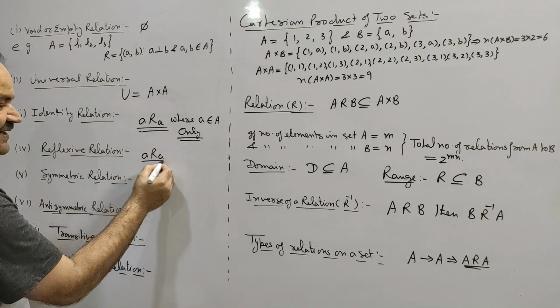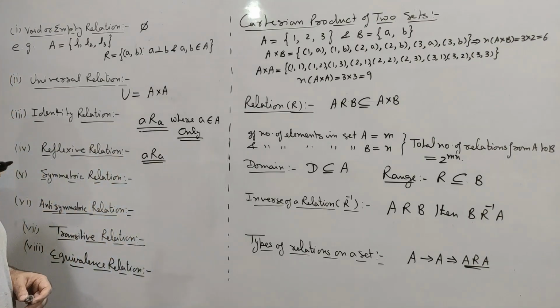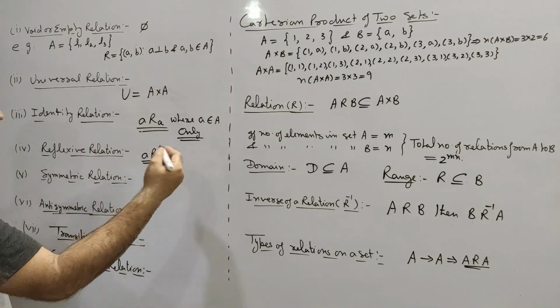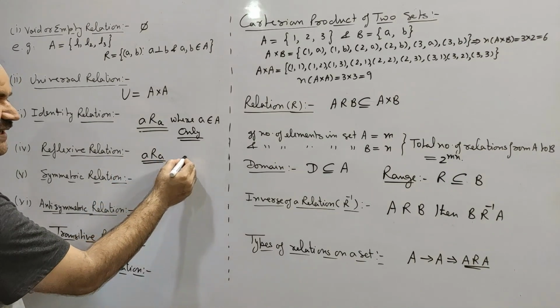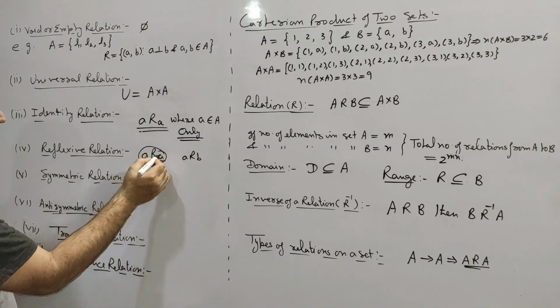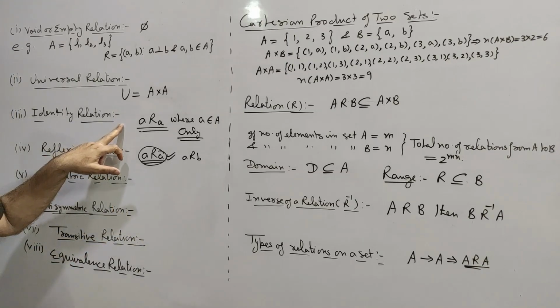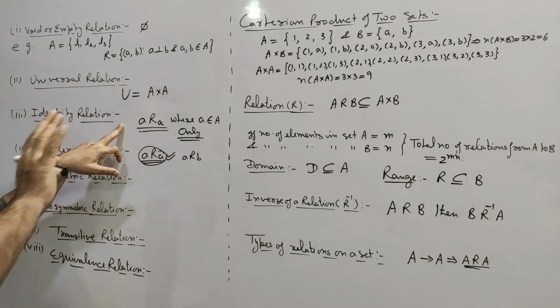In a reflexive relation, only aRa is not what exists. The other possibilities are also there, aRb, aRc, like that. But aRa, every element should be related to itself also. While the identity relation consists of elements related to themselves only.